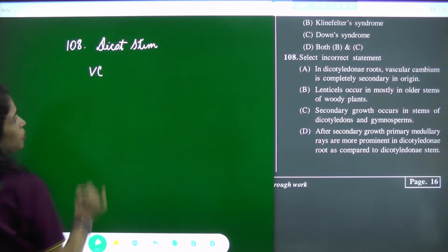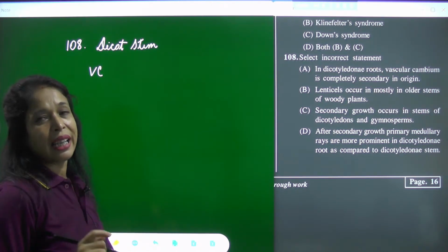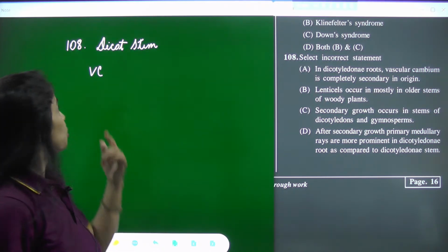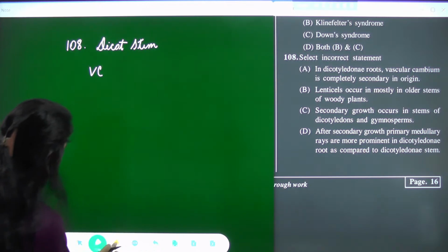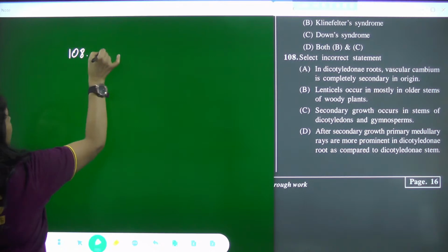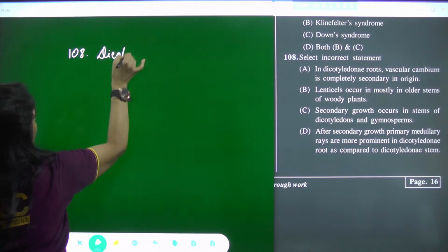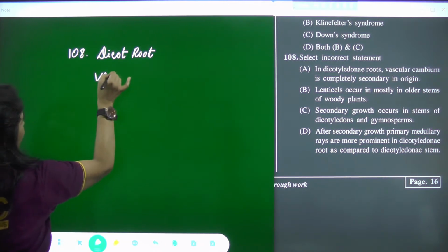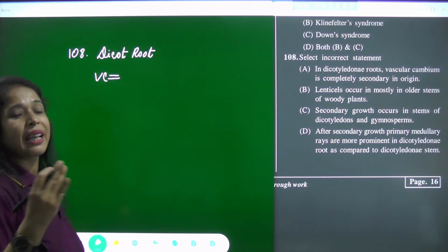Vascular cambium is completely secondary in origin.